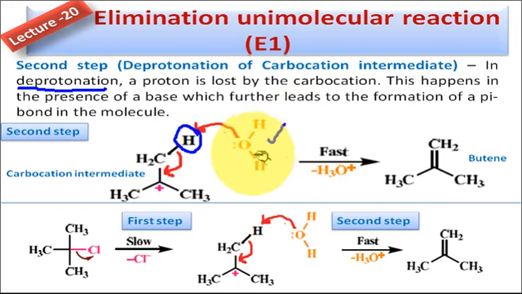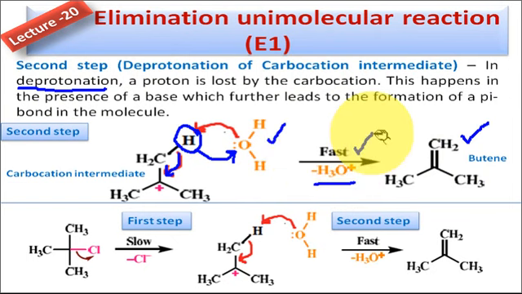The solvent molecule abstracts this hydrogen like this. The hydrogen is removed and the electrons of this bond move towards this carbon atom, which results in the formation of the double bond. So butene is formed with the loss of the proton. That's why it is called the deprotonation step.